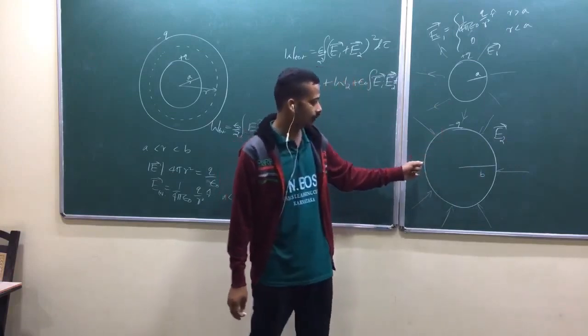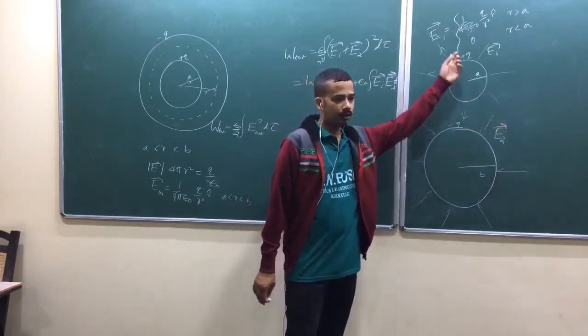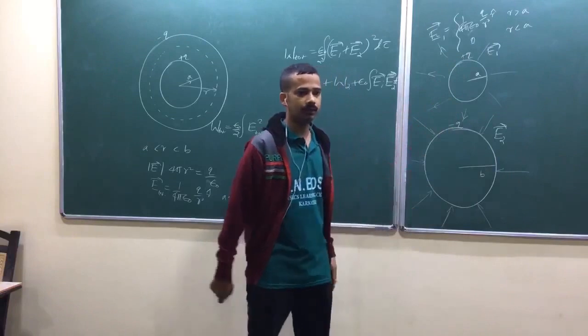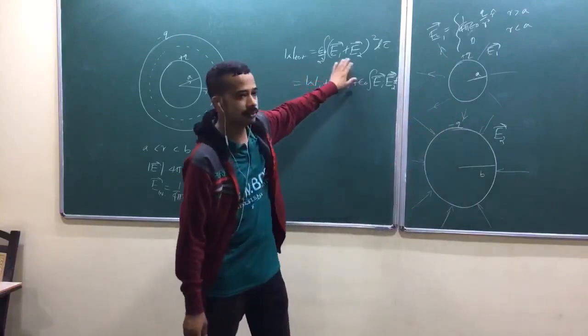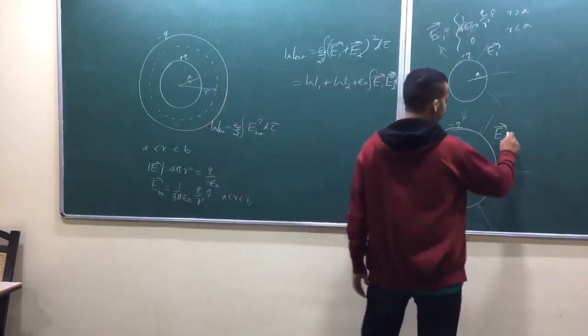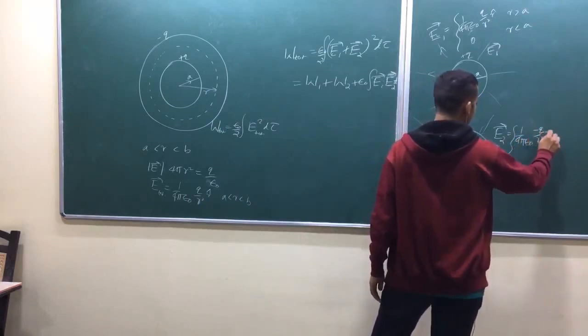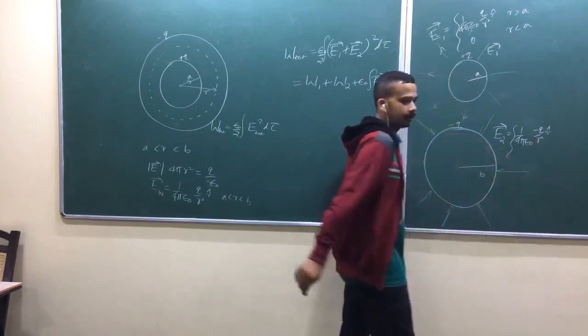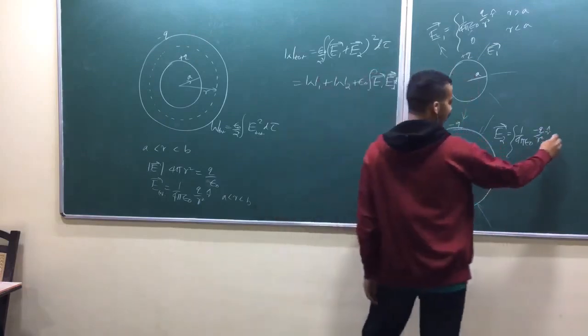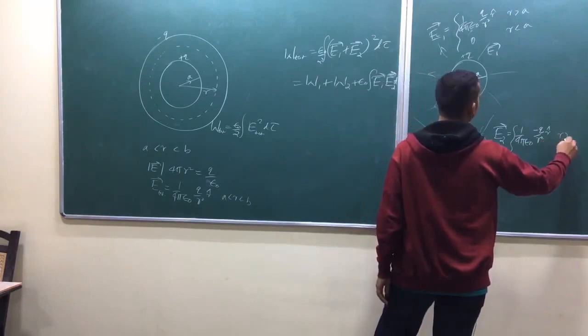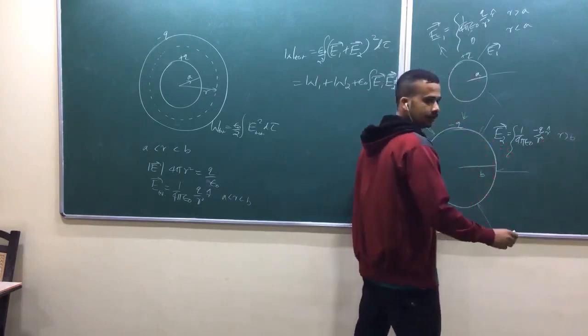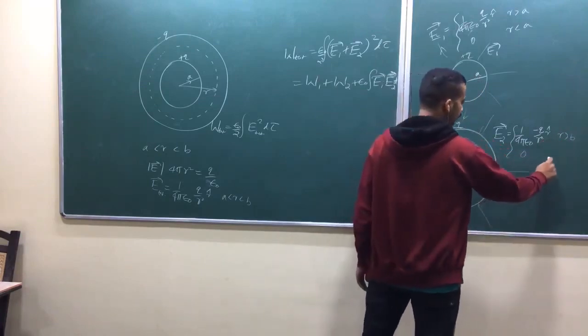While finding this, you should assume the inner sphere is not there. That's how the superposition principle works. E2 is equal to 1 by 4 pi epsilon naught minus Q by R square R cap, obviously along minus R cap, when R is greater than B, and when R is less than B, it is 0.